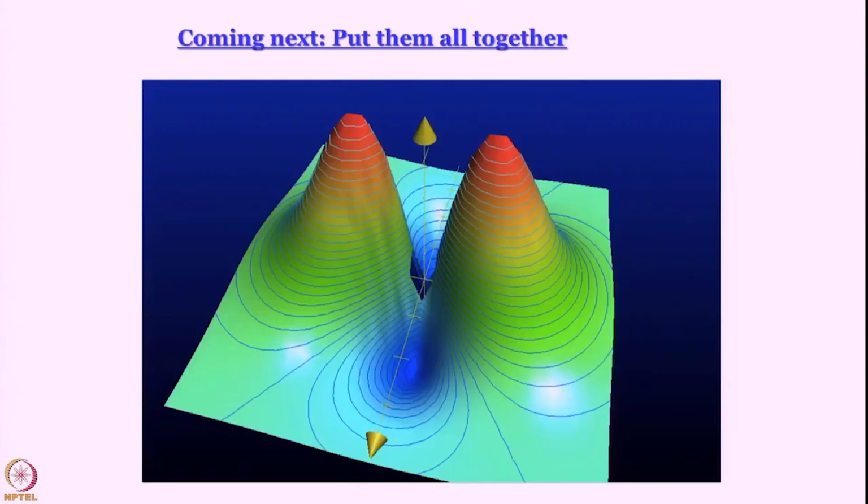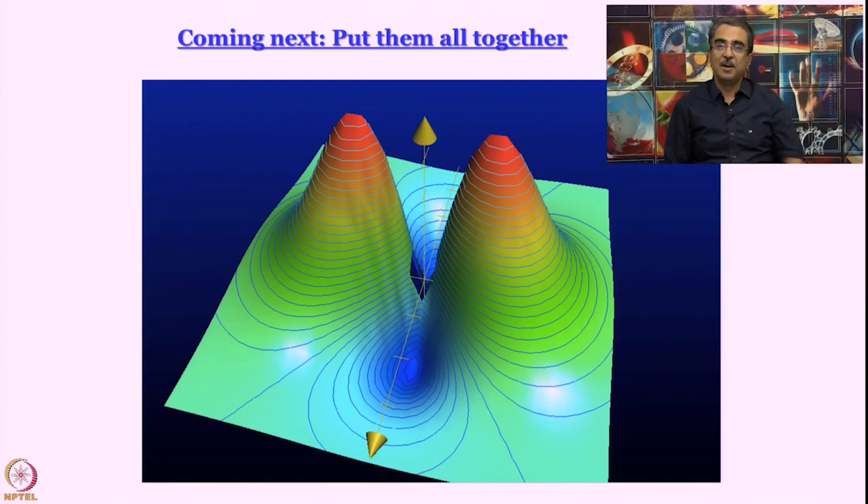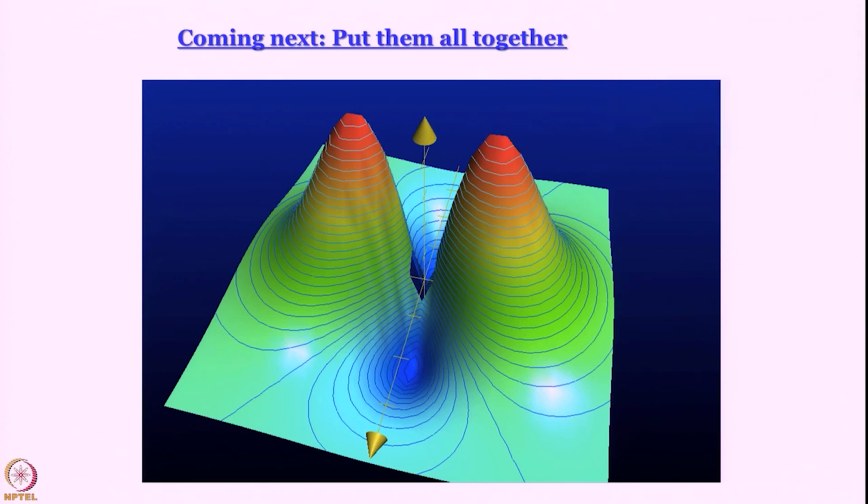So, we have performed a discussion of the r dependent, theta dependent and phi dependent parts separately. Now, to get those beautiful pictures that I had shown you earlier, we need to put them all together. That is what we will do in the next lecture, and we will see what kind of pictures we get, and that is what gives us what we call shapes of orbitals.